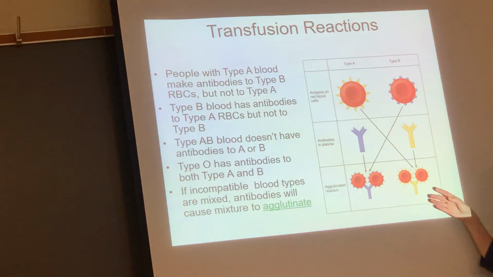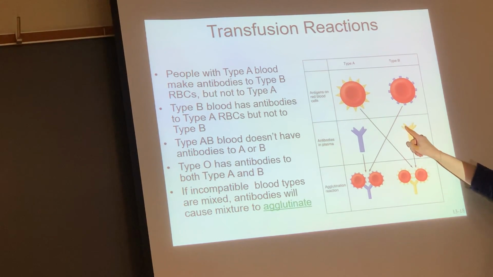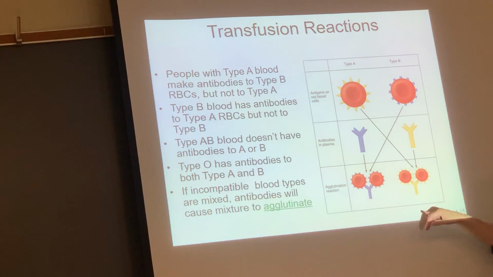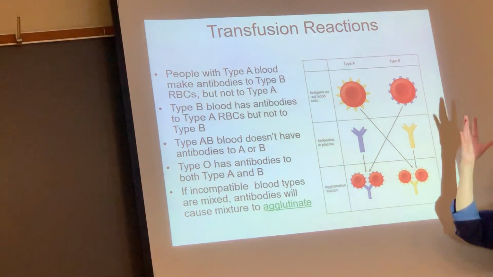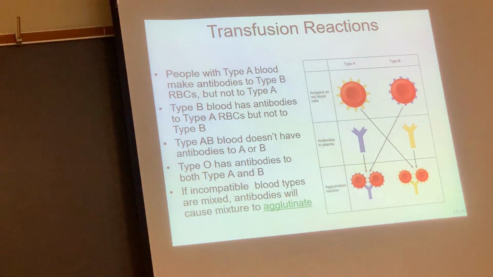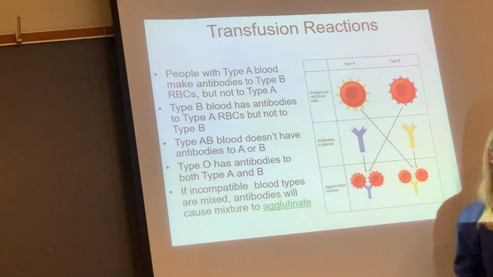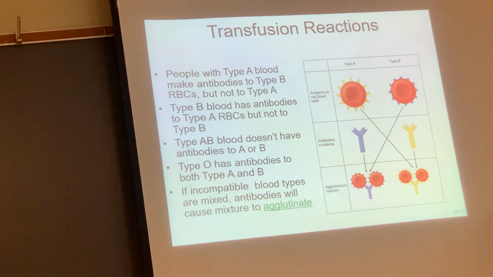The A antibody has little receptors specific for the shape of that antigen. What it's going to do is cluster the red blood cells together, and it causes a clumping reaction known as an agglutination reaction. It agglutinates and it clumps together.